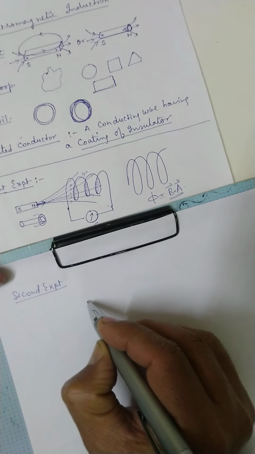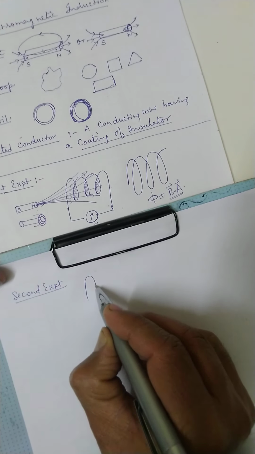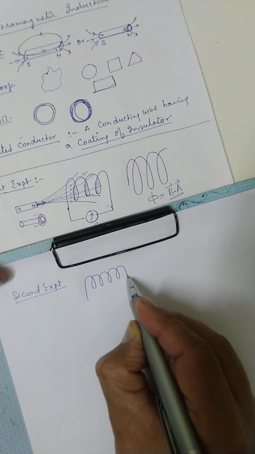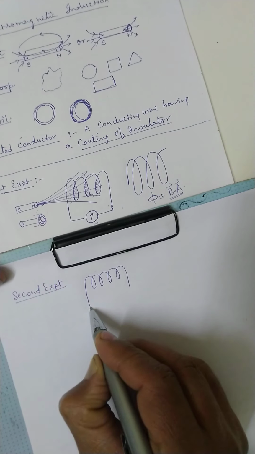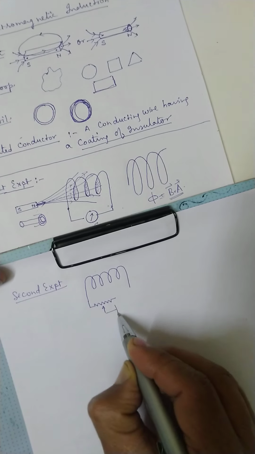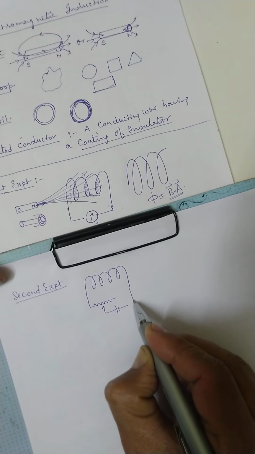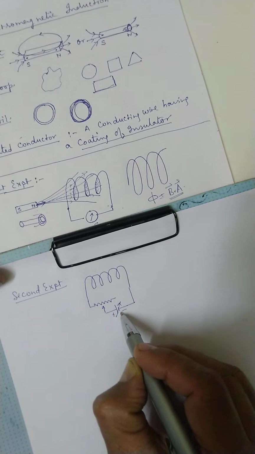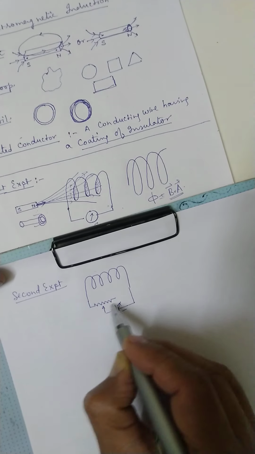In the second experiment, there was a closed circuit instead of the bar magnet, but there was a rheostat using which I can change the current through it. This is variable potential. You can either vary this or you can change this resistance.